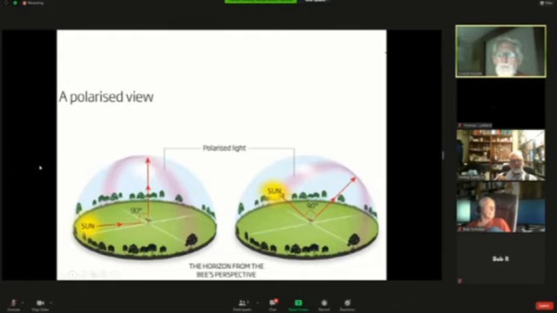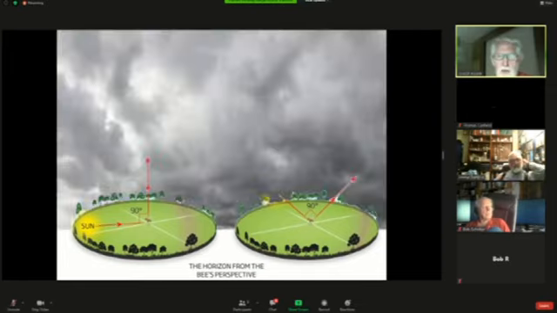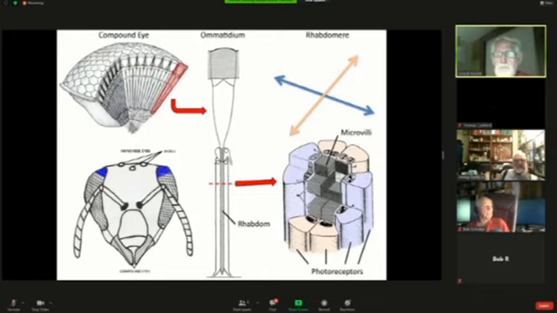Well, when the sun is shining, that makes it easy for them to reproduce that angle. When the sun is not shining because it's cloudy, then that makes it tougher, but they still have the ability. So here on a cloudy day, they can still sense that angle from the sun because of the polarization of the sunlight.